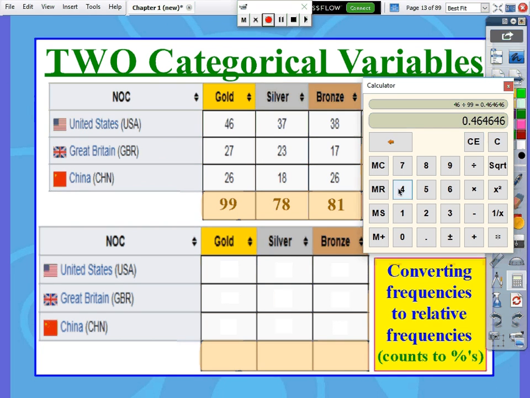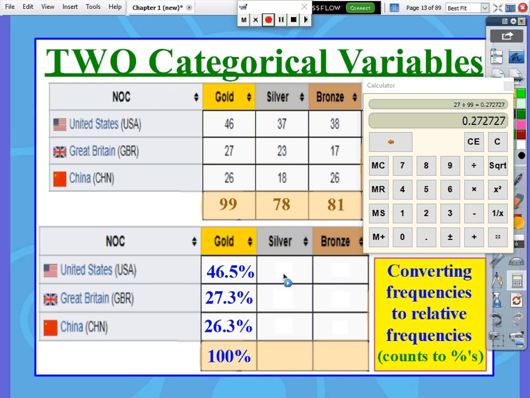And so I'm going to round this to the nearest tenth and just call this 46.5%. And then I could do the same thing for Great Britain's gold medal count. They had 27 medals out of 99, and that's 0.27 repeating. So I round that to 27.3%, and then I can do the same thing for China and get 26.3%. And if I add all those up, if you notice, 5, 3, and 3 is going to give me 1.1%. This is really going to be 100.1%, but I'm just going to go ahead and call it 100% because that's what it really should be.